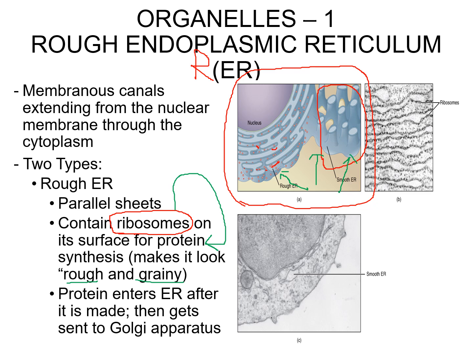So what the rough ER does is indirectly it kind of helps with the making of the proteins, because the ribosomes are what make the proteins, and the ribosomes are on the rough endoplasmic reticulum. But what the RER really does is it helps with that folding process. So remember, back to chapter 2, we had that primary, secondary, tertiary, quaternary of the folding of the amino acids.